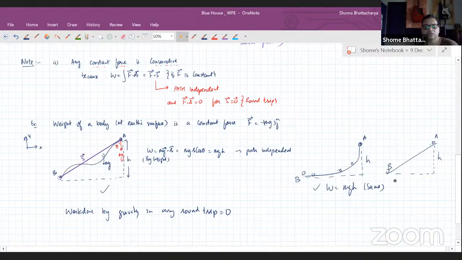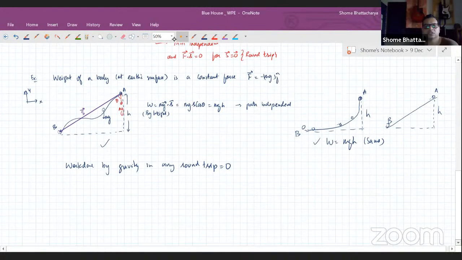Why? Because the work done by gravity is a path independent quantity. It is the dot product of force and displacement, so it does not depend on path, it only depends on displacement. Is it clear now, Yasmith?